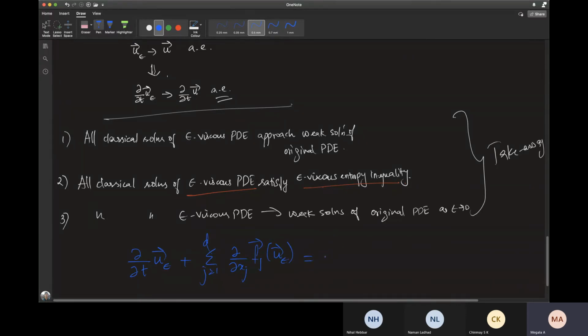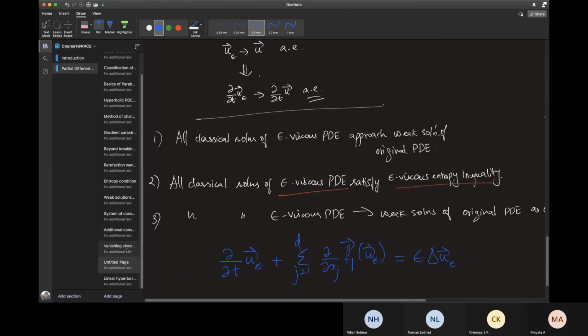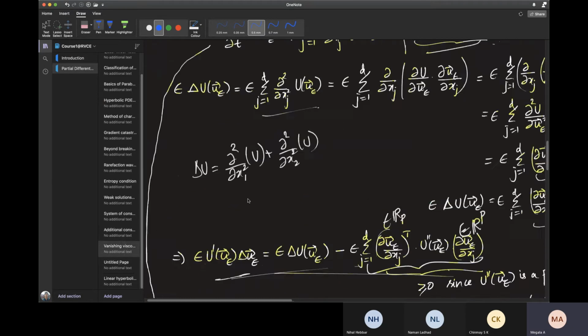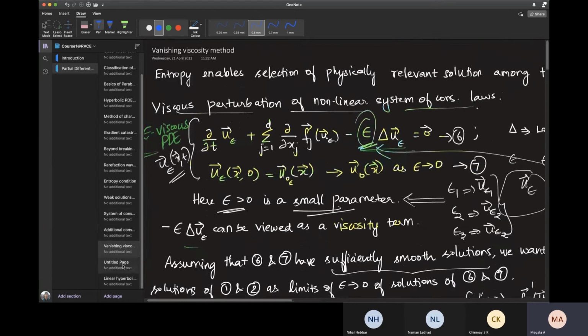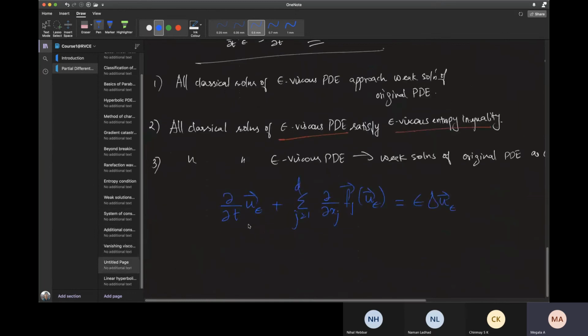Let me write it this way. Take that viscous term to the right hand side. This was our PDE, right?